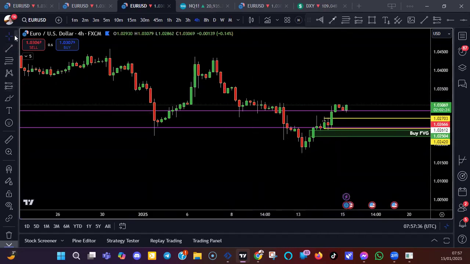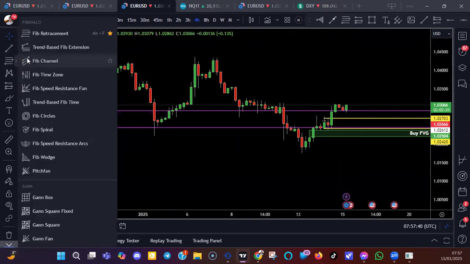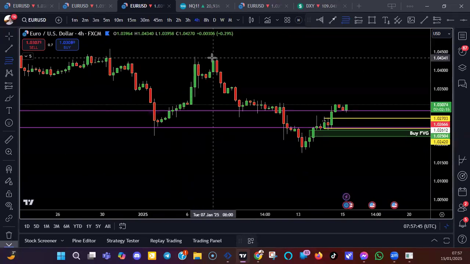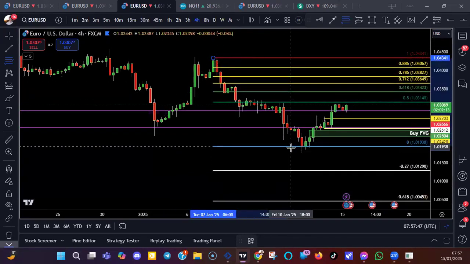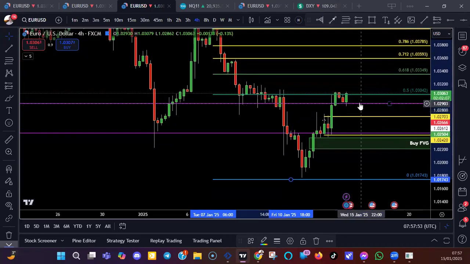I like to draw a fib up. Don't forget this is on the 4-hourly, so this won't be immediate in any way. Just go from the highest high to the lower low. And oh, look at that. Isn't that funny?